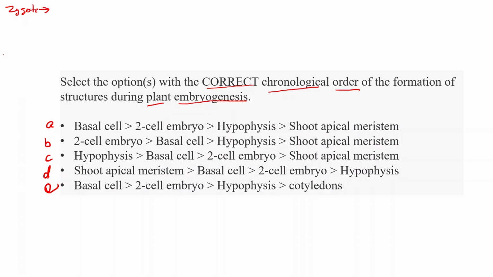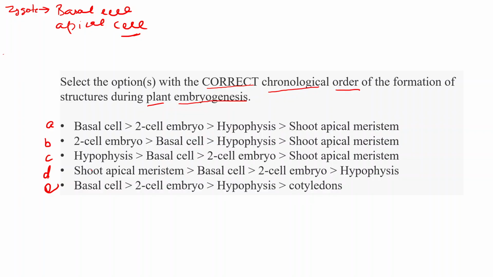It divides asymmetrically and it gives rise to a basal cell and an apical cell. The basal cell is towards the micropyle, which forms the suspensor, and then there is an apical cell. So we have to start with basal cell options. There are two basal cell options.